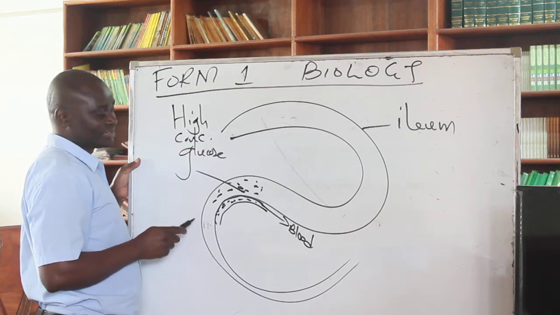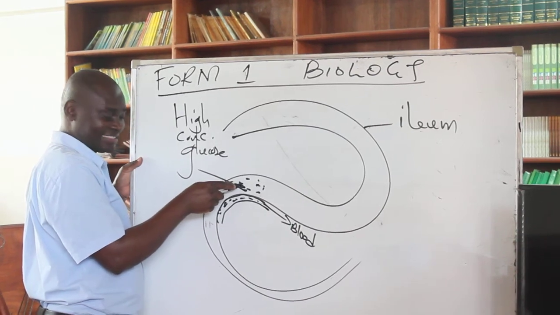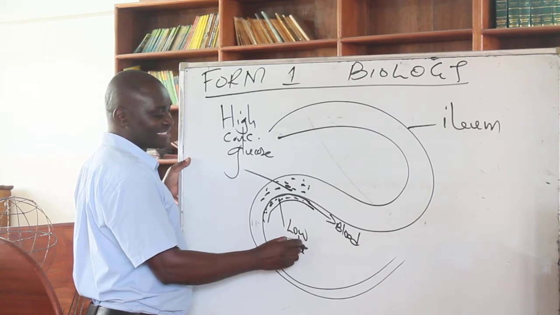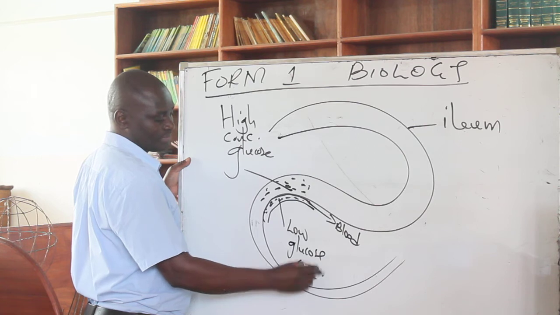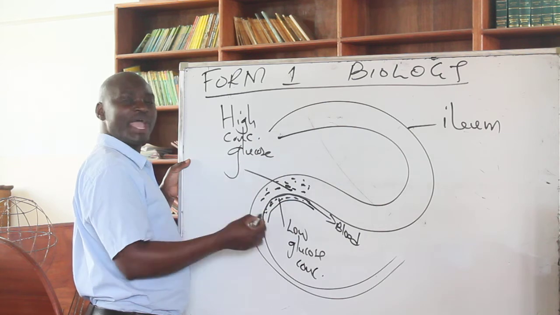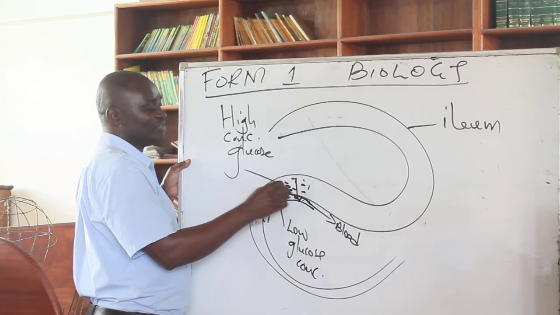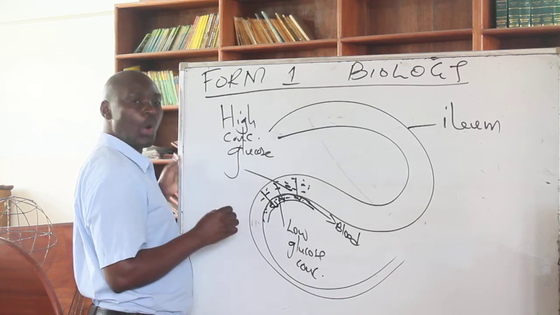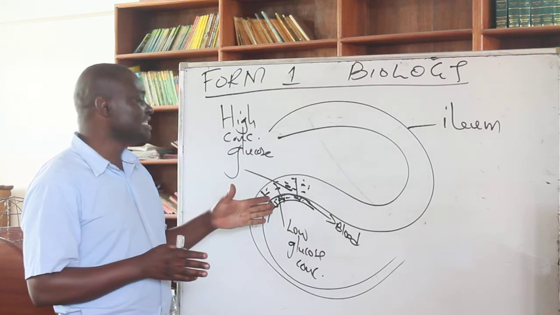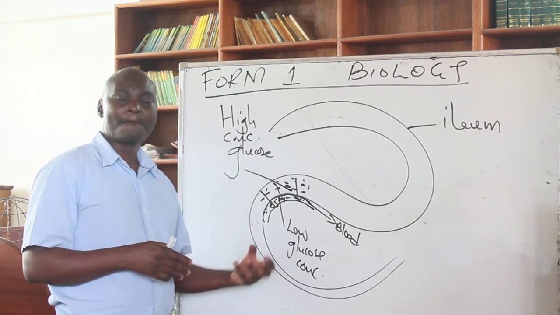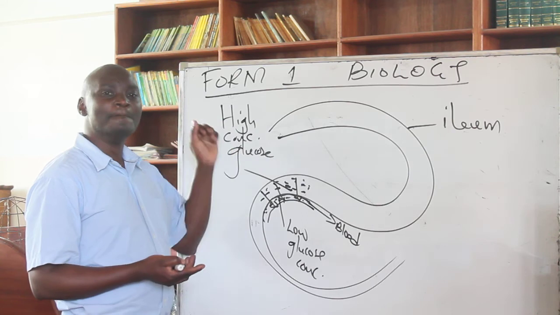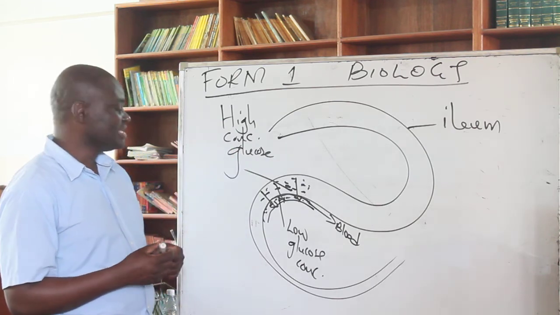So what happens if we have a high concentration of glucose inside the small intestine, and in the blood we have a low glucose concentration? The glucose particles will diffuse from where their concentration is high to where their concentration is low. So one of the processes by which digested food materials such as glucose move into the blood is by diffusion.